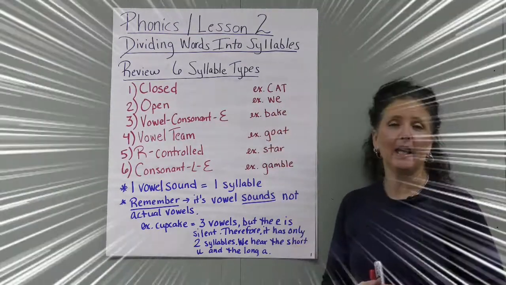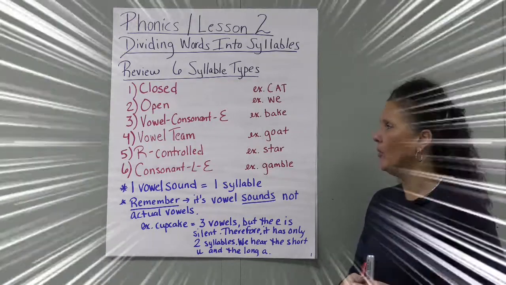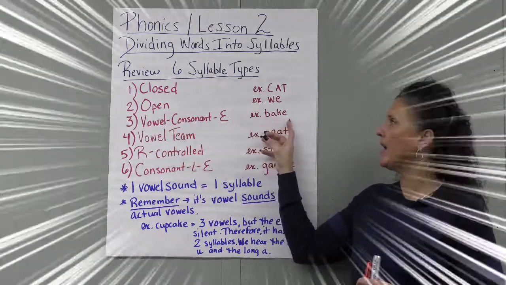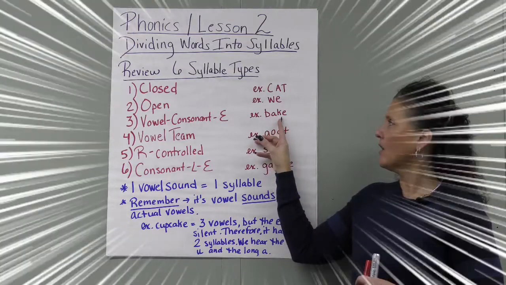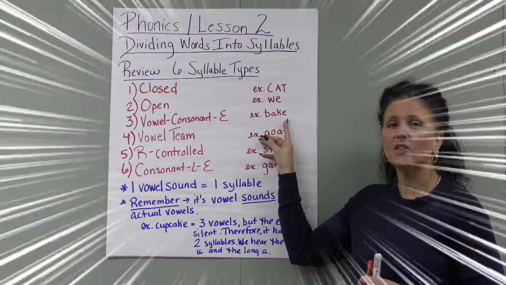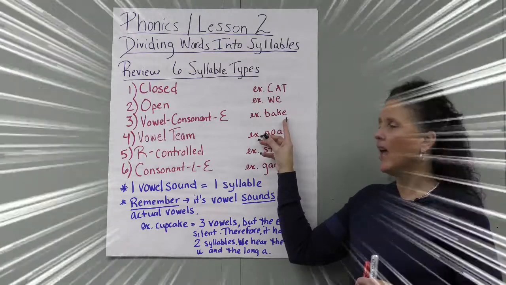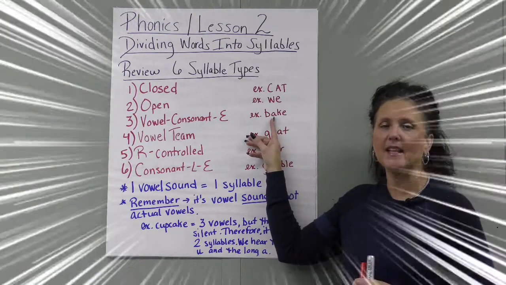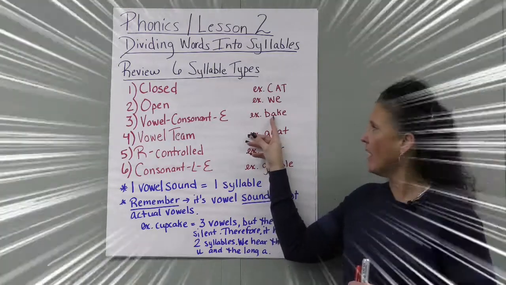So the word we would be an open syllable. We also have vowel, consonant E, like bake. A is the vowel, K is the consonant, and the E is on the end. If you see an E on the end of a word like this, the vowel is going to take the long name. Say its name, bake, like A, right?